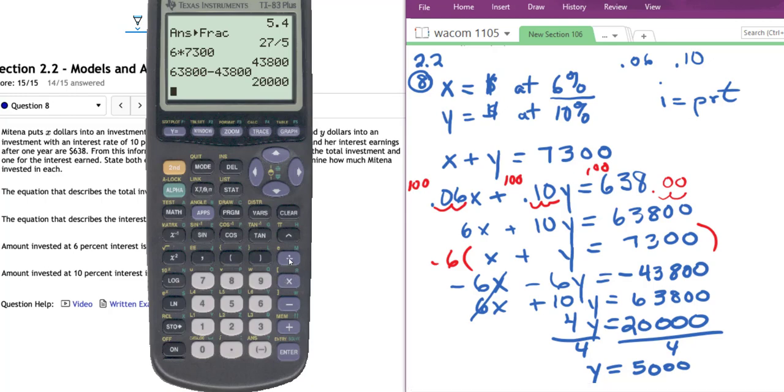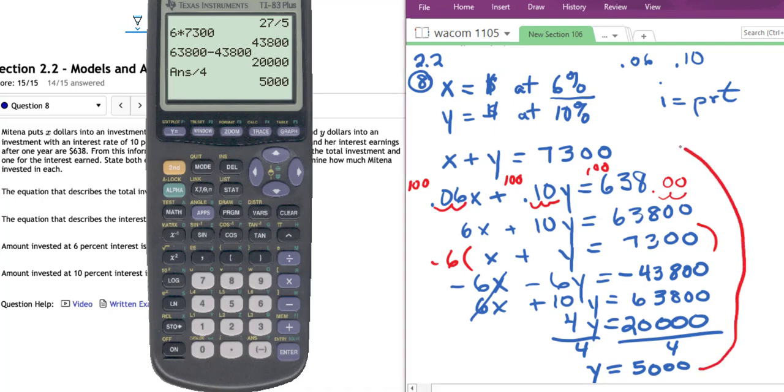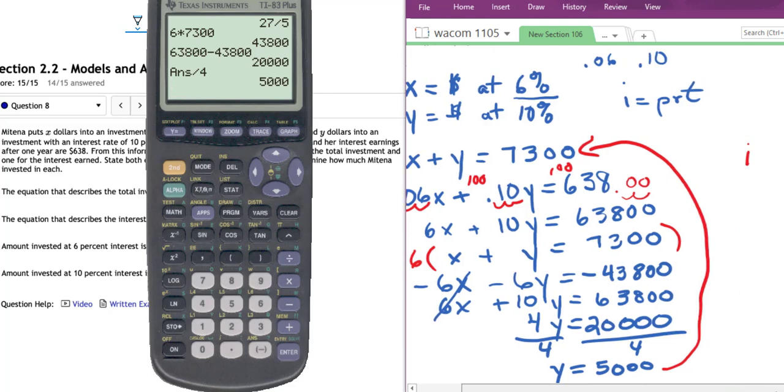And I can just make sure. Okay, and you just have to substitute back. To substitute back, you should go into this nice, easy equation. You have 5,000 and you want 7,300. Could probably do that in your head. It's going to be 2,300.